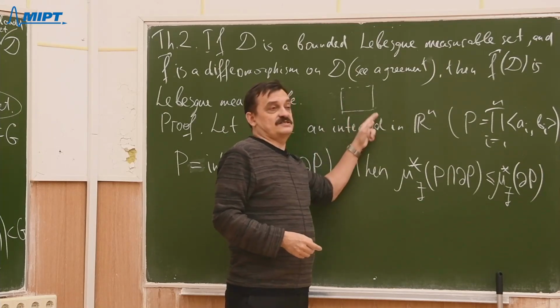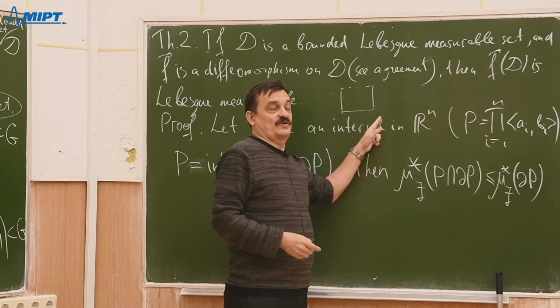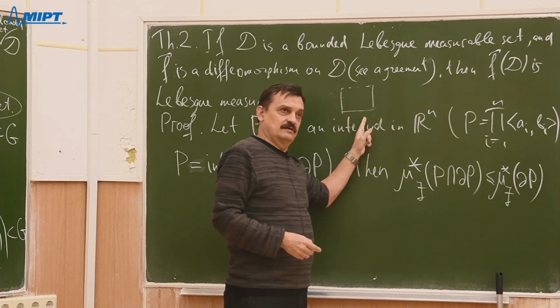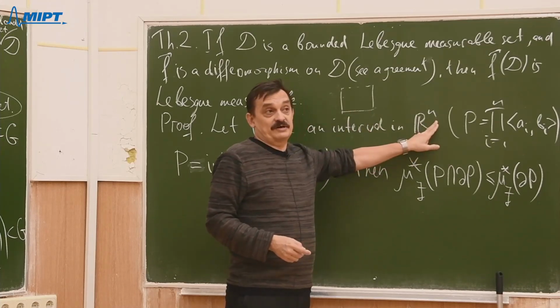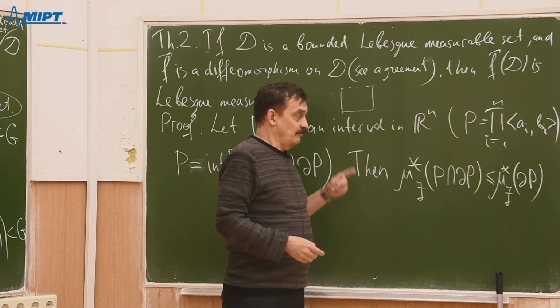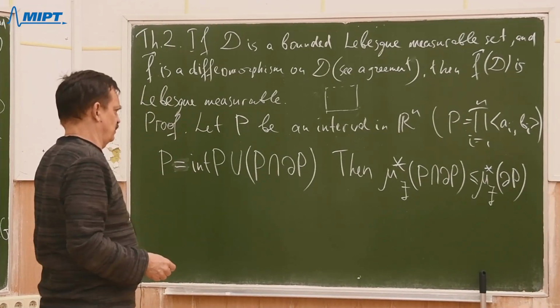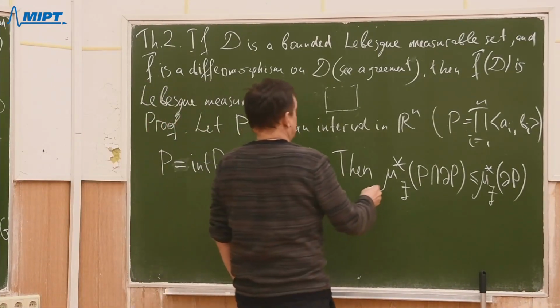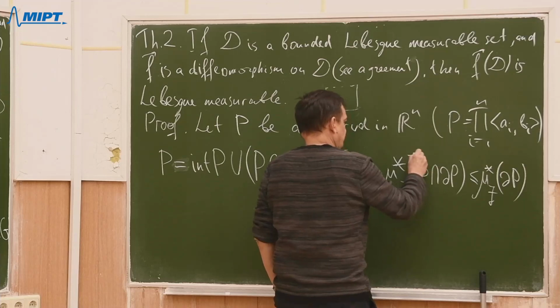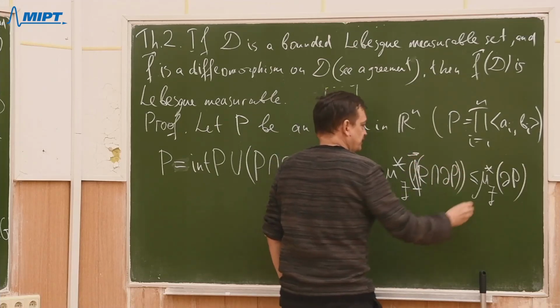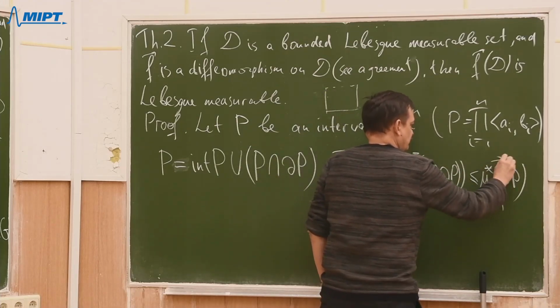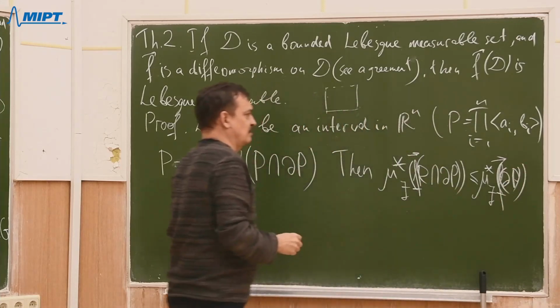It consists of finitely many intervals of smaller dimension, right? Oh, sorry, I forgot to insert F. F of that.